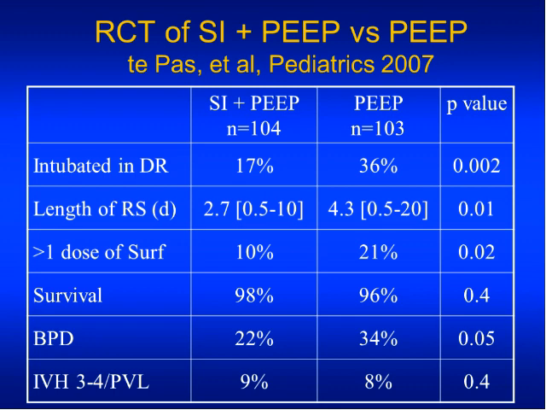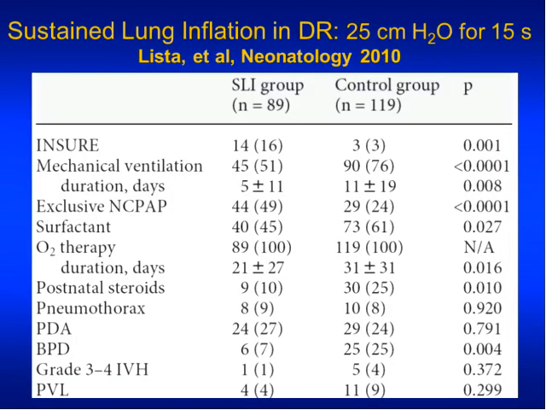Survival was excellent in both groups, and there was lower incidence of chronic lung disease, marginally significant, no difference in intraventricular hemorrhage. So that was encouraging, but as I said, there were some limitations to that study.